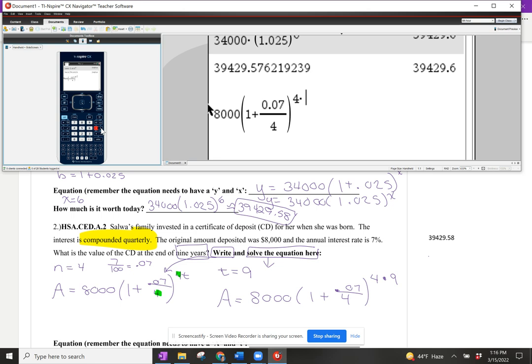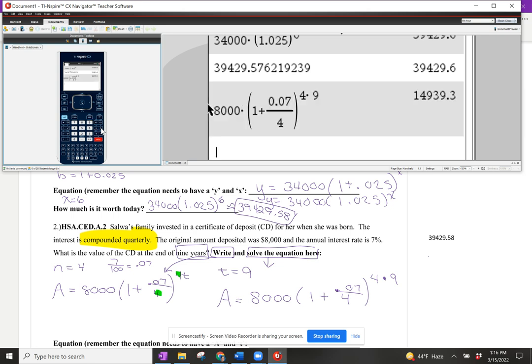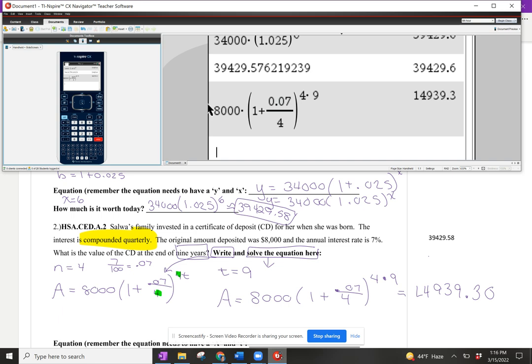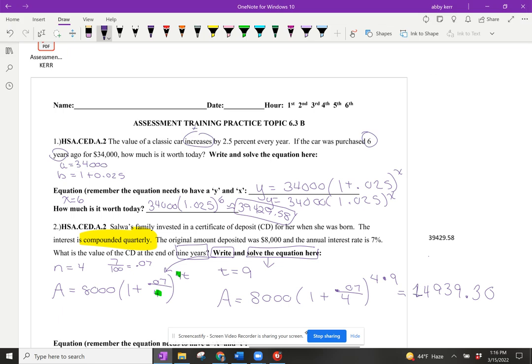Instead of t, we're going to put the 9. So we're going to get $14,939.30. Let's make sure I wrote it right. And I did. That should be a 1, sorry.